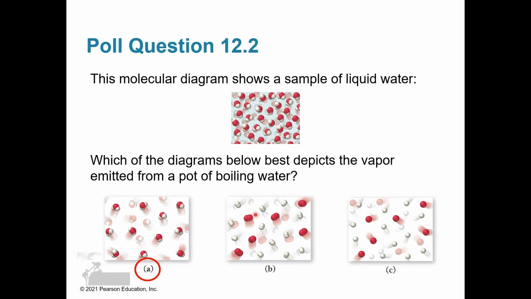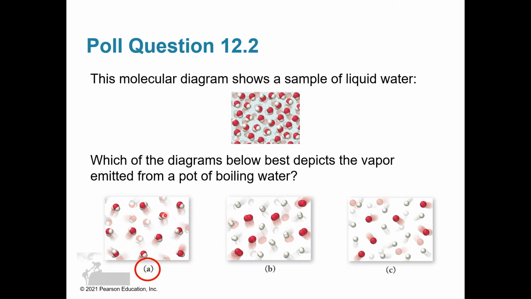Here we have O2 gas and H2 gas. This is no good because this depicts a chemical change. If you have to change the formula, if you have to write a different formula compared to H2O, then we have a chemical change. Remember that boiling water is a physical change.